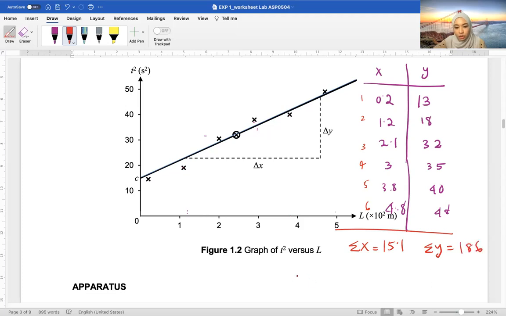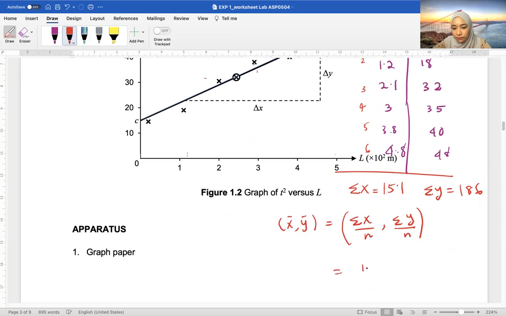So your centroid is x bar, y bar. This is the mathematical notation of centroid, equals to sum of x over n, sum of y over n. So this becomes 15.1 over 6, 186 over 6. Can someone calculate this for me as well?